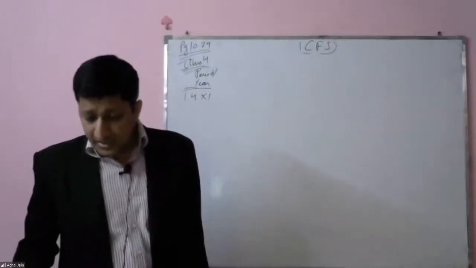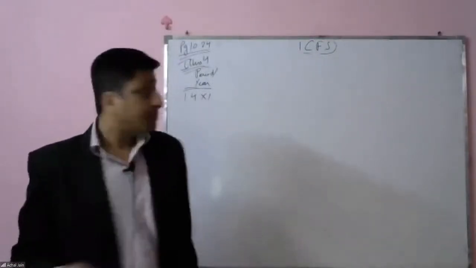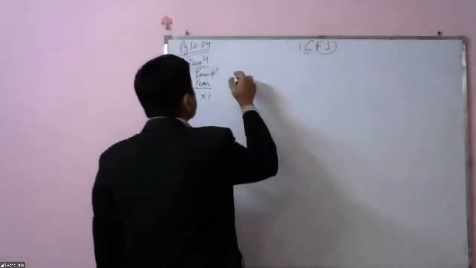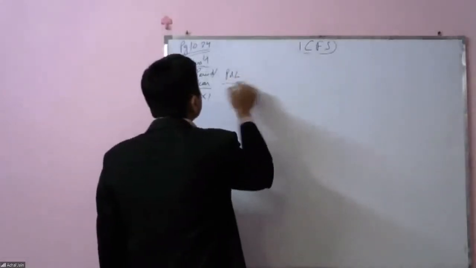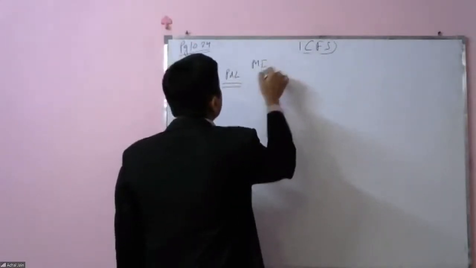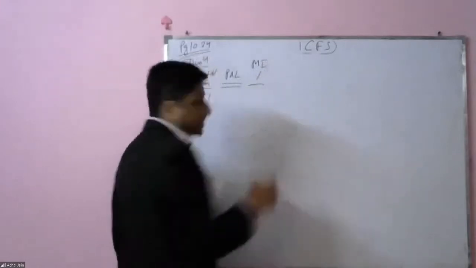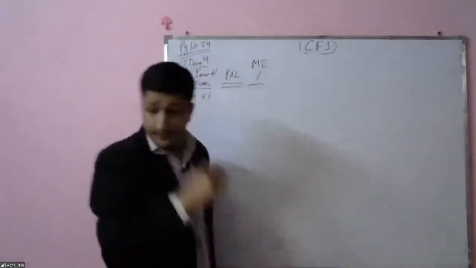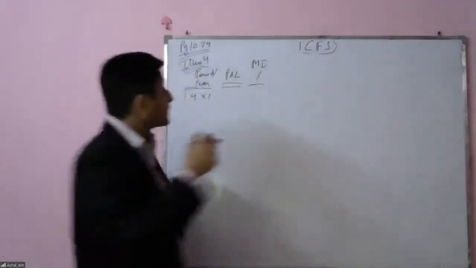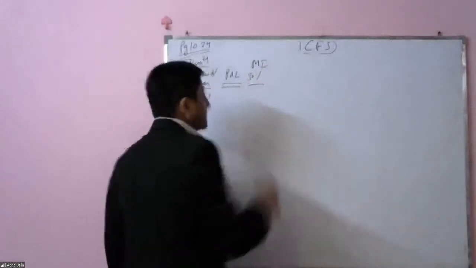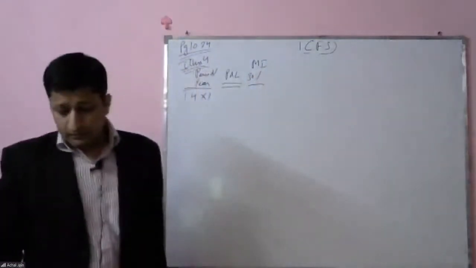Then we will also see if there is P&L over here and the minority percentage. What's the percentage of minority? 30%.